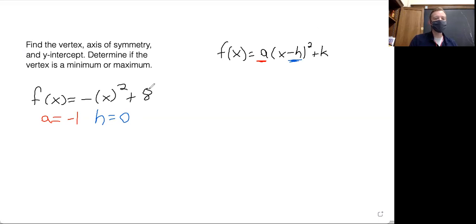And then K very clearly is going to be 8. Questions on how we identified those there?